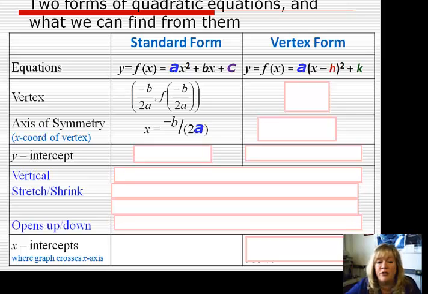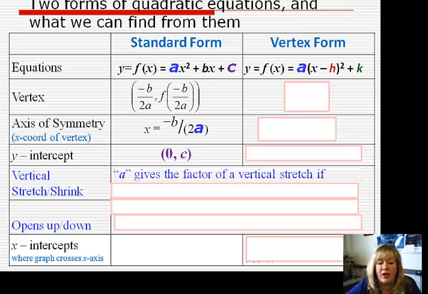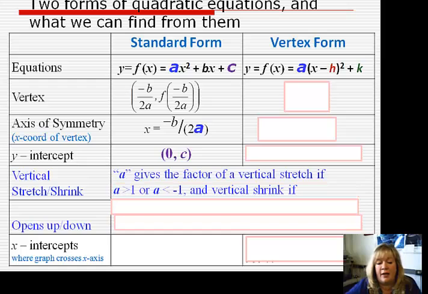The y-intercept from the standard form, all you have to do is look at the constant. (0, c) is the y-intercept. For both forms, it has the a. See that a there? That gives us the vertical stretch or shrink and whether the parabola opens up or down. If a is bigger than 1 or less than negative 1, it stretches your parabola long and skinny.